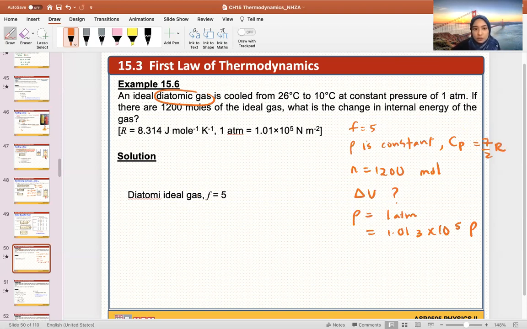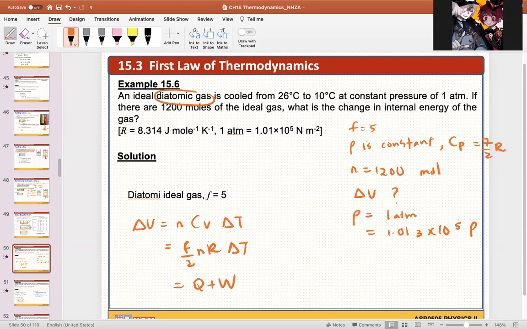So how do we do this one? For an ideal gas, delta U, the change, what is the equation that we have here? Can we use n CV delta T? Or should we use f over 2 nRT, so nR delta T? Or should we use Q plus W? Which one? The second one.